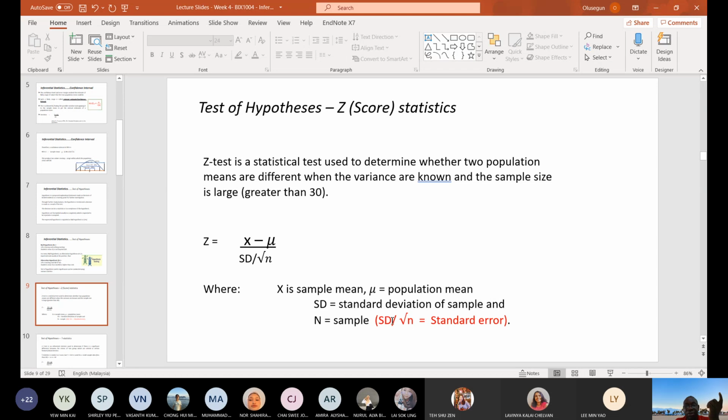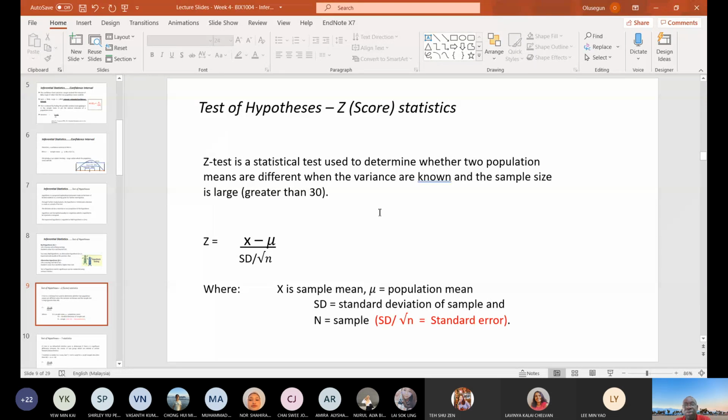You know standard deviation divided by square root of n is the standard error. So these are statistical analysis. When we are given a sample mean, then the population mean will be given. And when we use this expression, we find what we call Z scores.